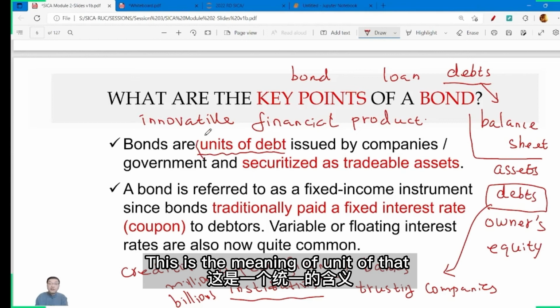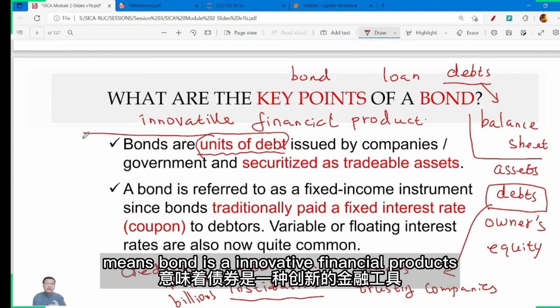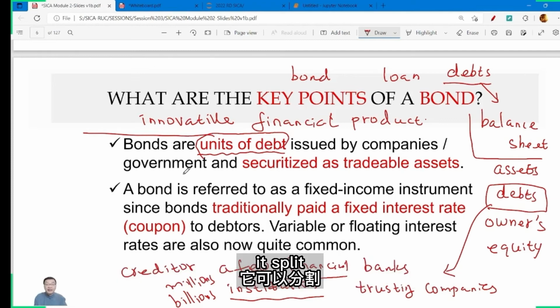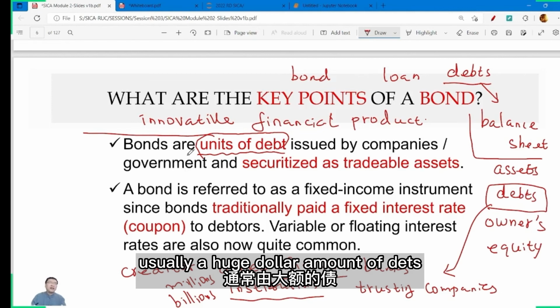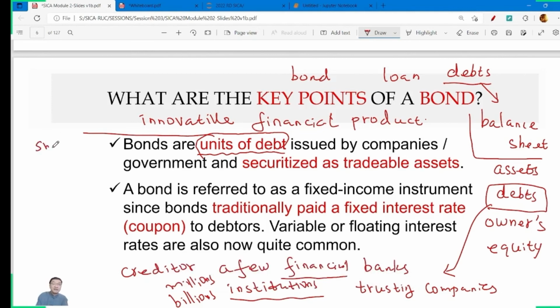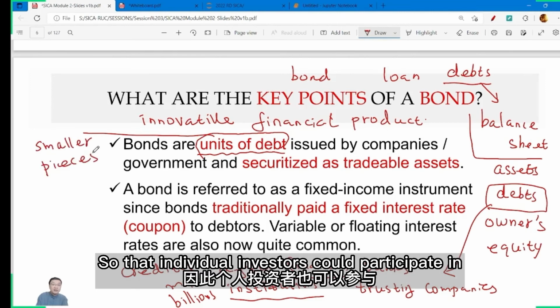This is the meaning of unit of debt. Unit of debt means a bond is an innovative financial product. The innovative point is that it splits a usually huge dollar amount of debt into many smaller pieces, so that individual investors could participate.